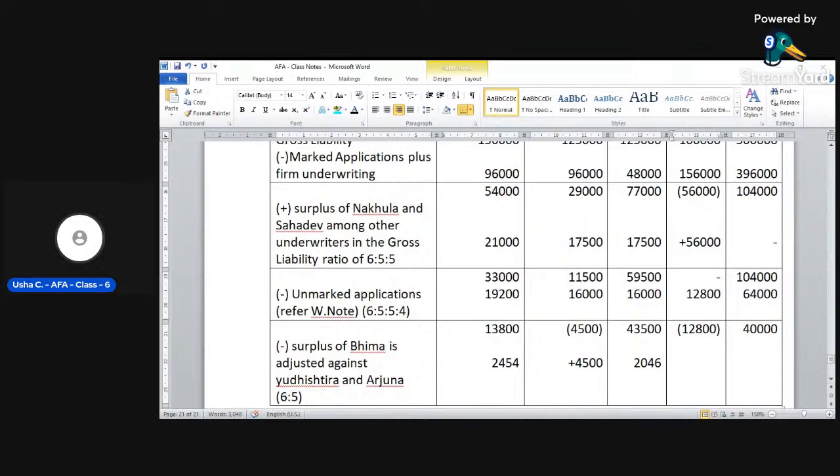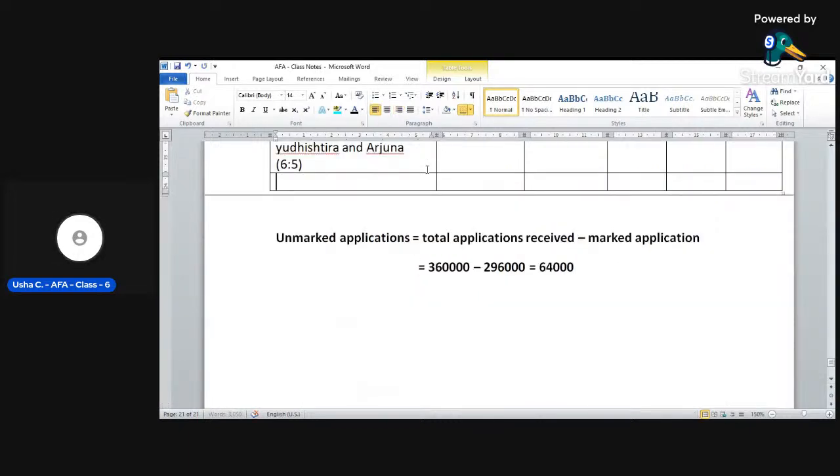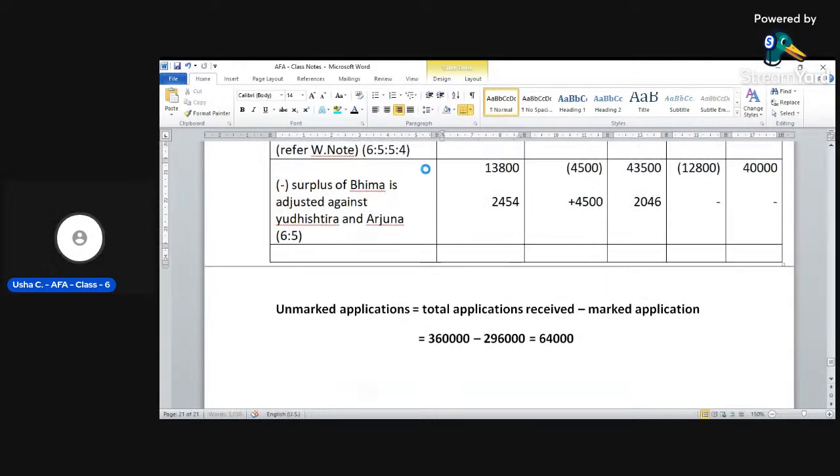Now we have not adjusted anything for Nakula and Sahadev, and the total is also nil because we are adjusting here only. Then the difference amount we get is 13,800 minus 2,454, which is 11,346.